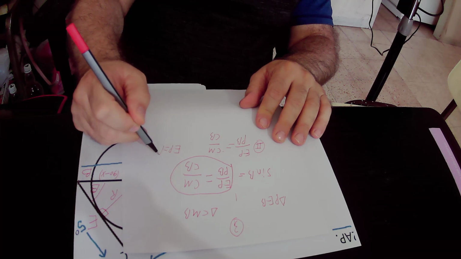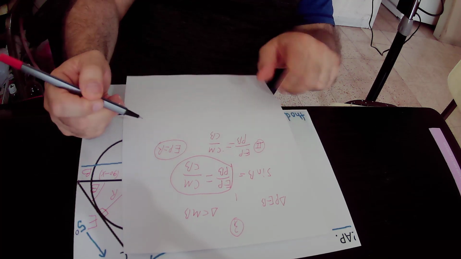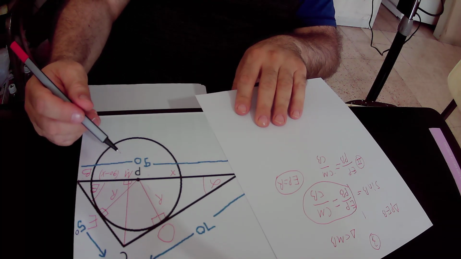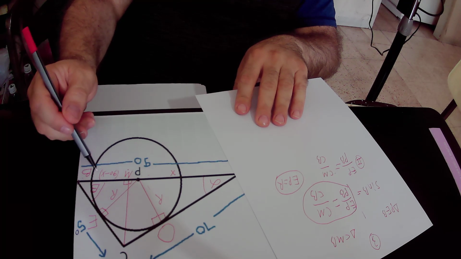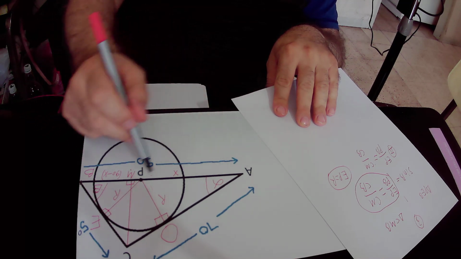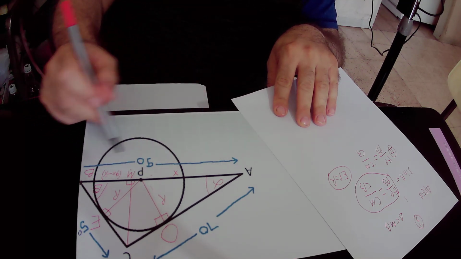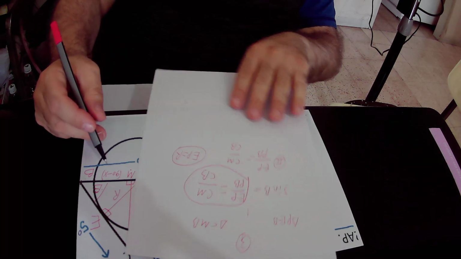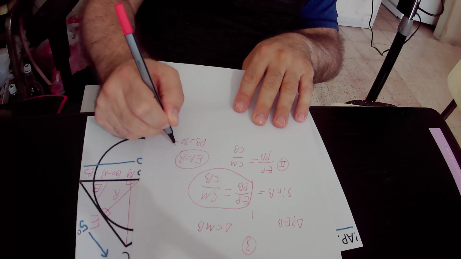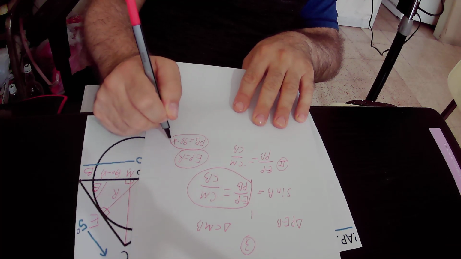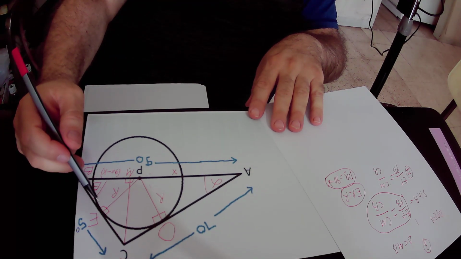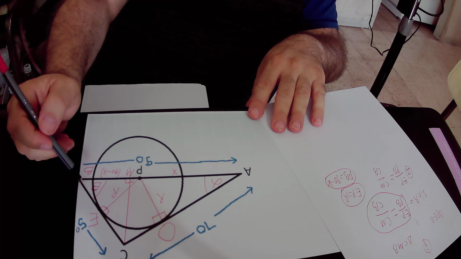EP equals R. And PB equals AB minus AP, that is to say 90 minus X. PB equals 90 minus X. And CB is given to us in the question.